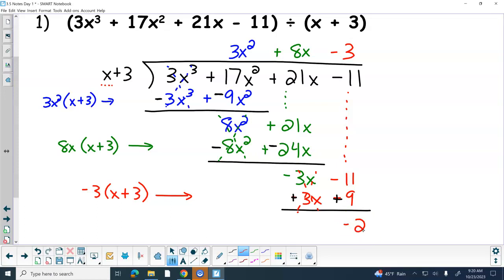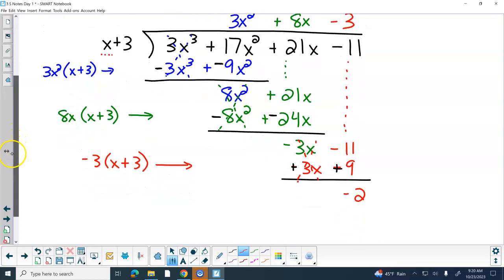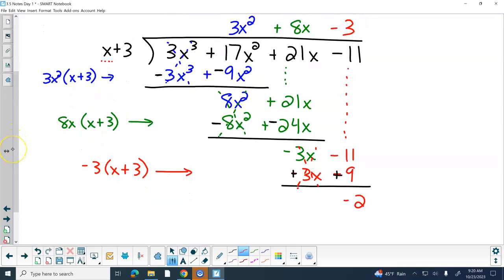So your final answer here now is what you have written up here, 3x squared plus 8x minus 3. I got that from on top of my fraction bar, or my fraction symbol. Okay? Then, this is always going to be plus. Always. Plus there.